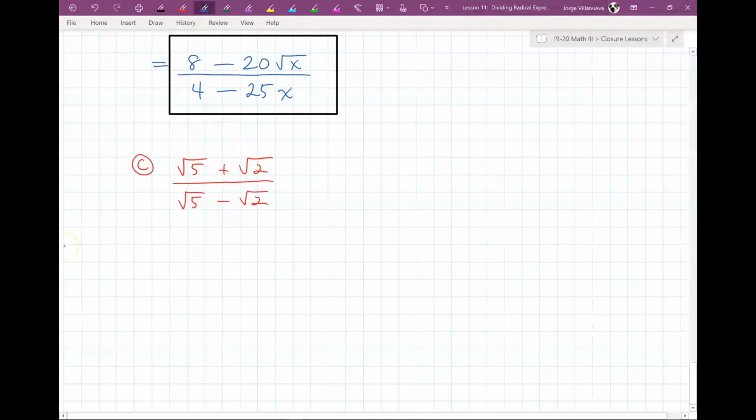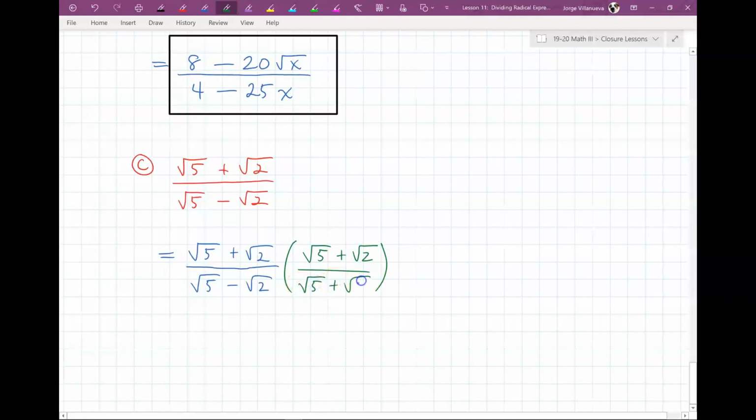So we're going to just basically do a conjugate. So radical 5 minus radical 2. We're going to multiply by radical 5 plus radical 2, because that's the conjugate to the denominator. That's why I want to multiply by that.